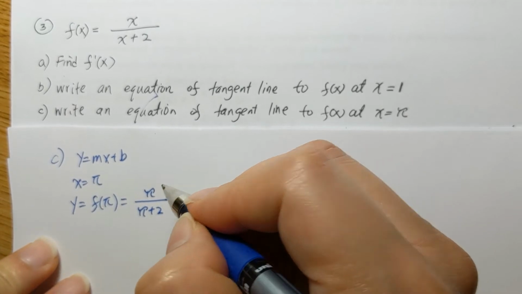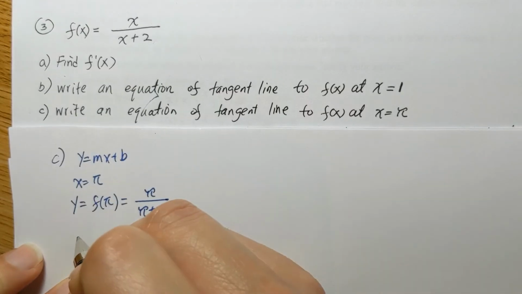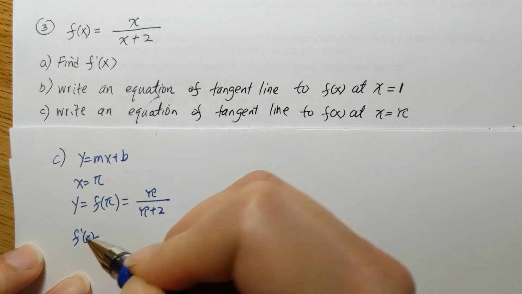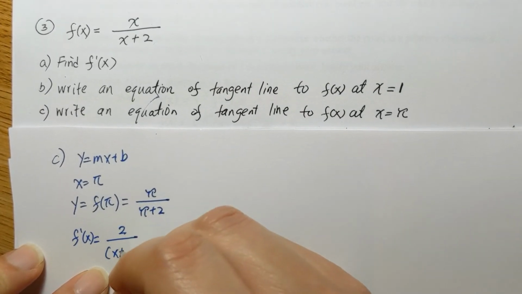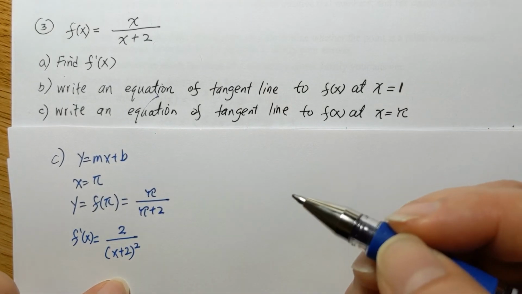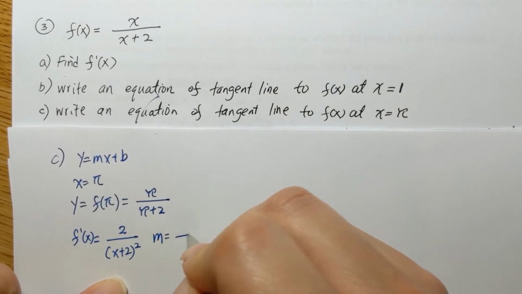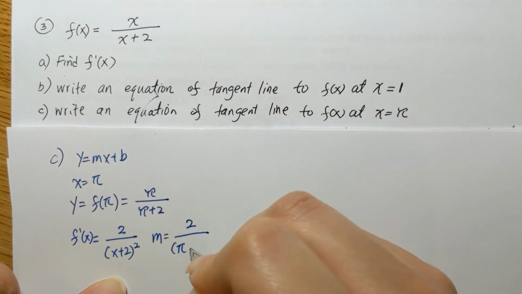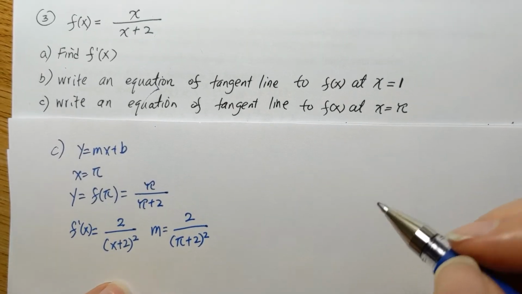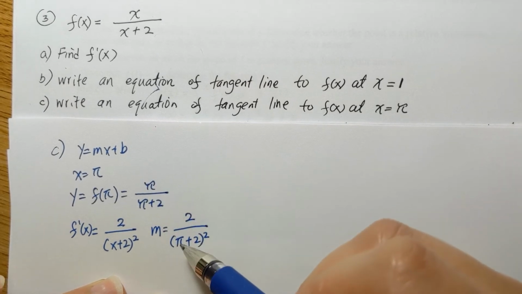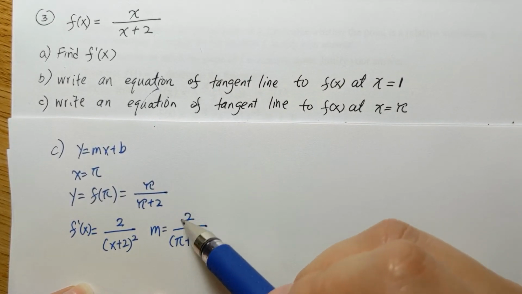You are not allowed to convert it into decimal. f prime of x equal to 2 over x plus 2 holding square. So then m equal to 2 over pi plus 2 holding square. I give you this question on purpose so you have a complicated fraction. You don't need to convert into decimal.